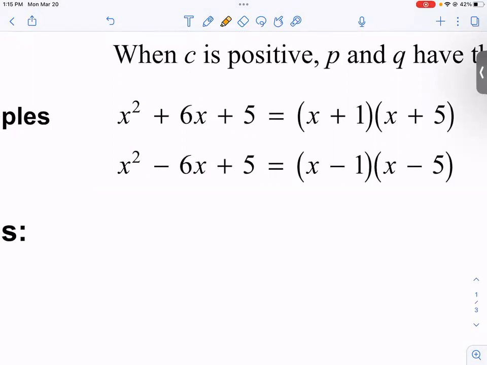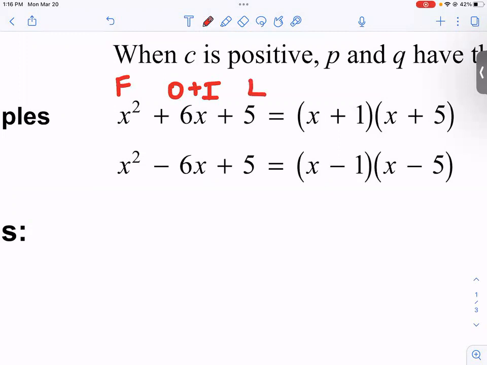Okay. If we have something like this, we FOIL. And when we FOIL, the F gives us this x squared. The O plus the I add together for this middle term. And then our last term gives us that constant.